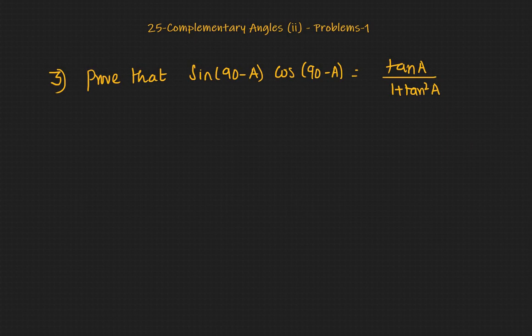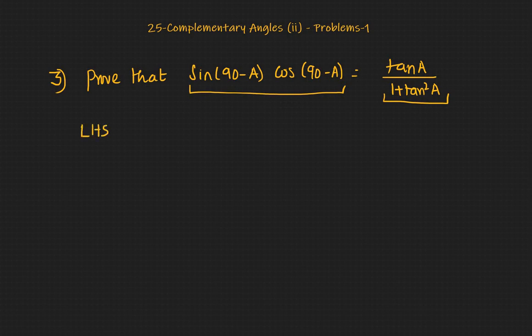So this is a proof question, and whenever you get a proof question, you can try to find out what your left hand side evaluates to, and what the right hand side evaluates to, and see if both meet at the same point, right? So let's start.